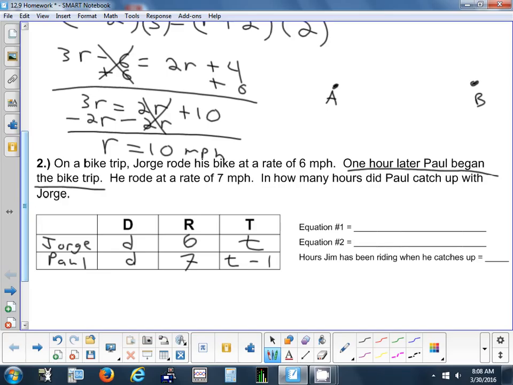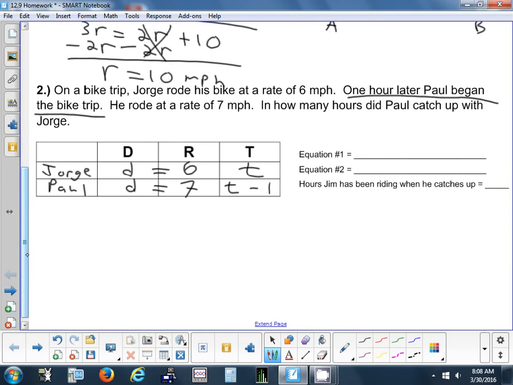That's our setup. Okay. Just put an equal sign. And now write your equations. Equation 1. D equals 6t. Equation 2. D equals 7 times t minus 1. I just want to make sure that I do the t minus 1 in parentheses.